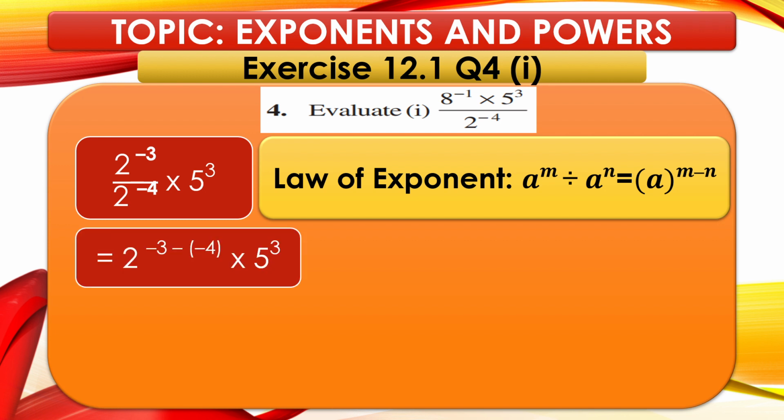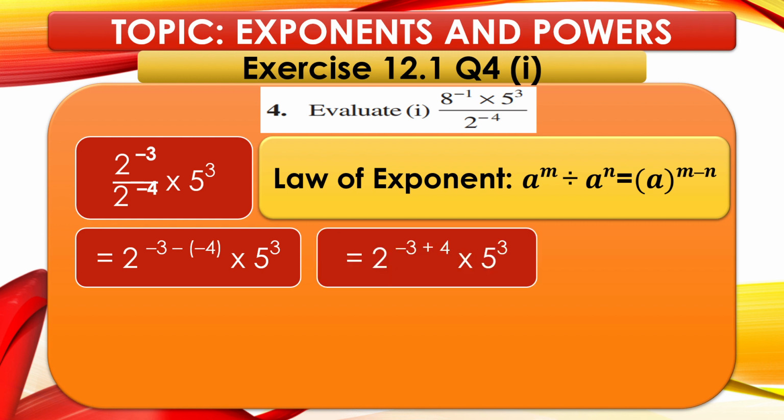So here 2 to the power of minus 3 divided by 2 to the power of minus 4 becomes 2 to the power of minus 3 minus minus 4 into 5 to the power of 3.